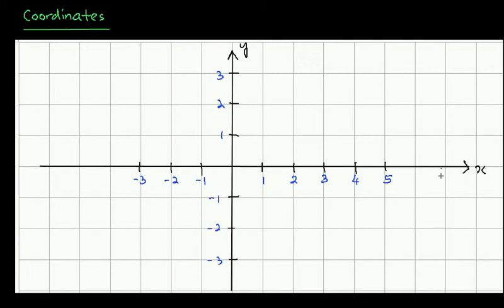The x-axis we can also call the horizontal axis, and the y-axis we can also call the vertical axis. The intersection point between the y-axis and x-axis is here, which we can call the origin.